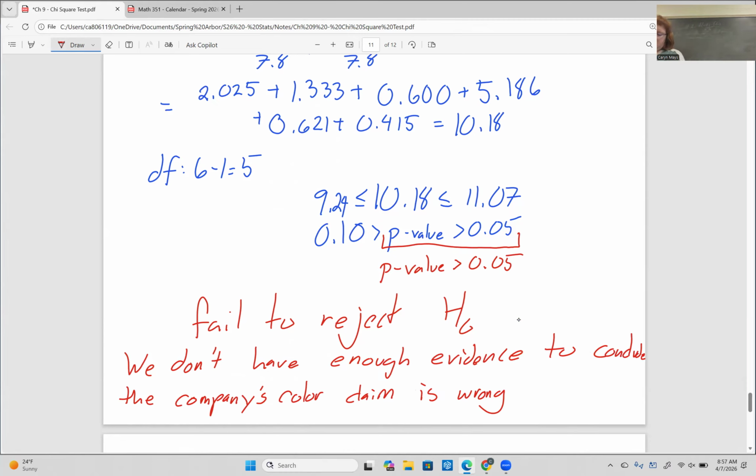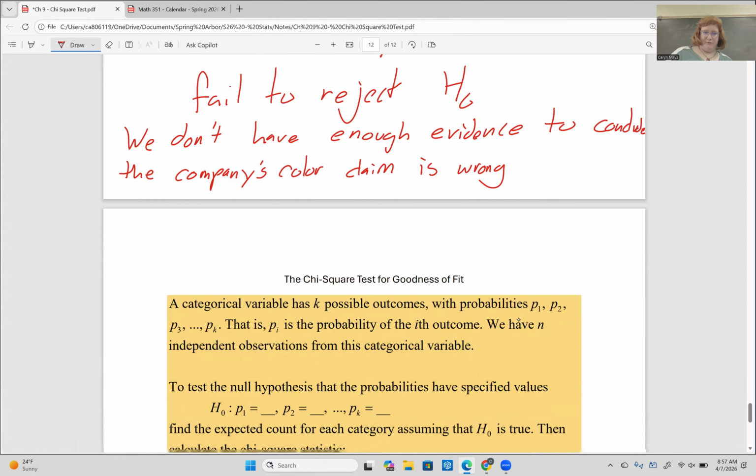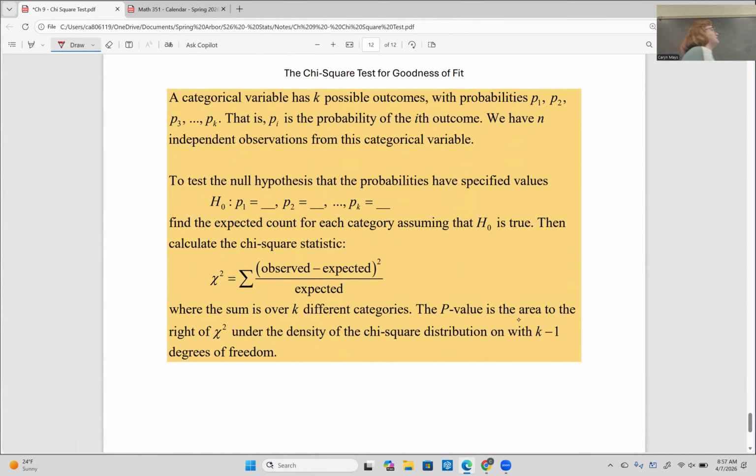So the last page, I'll scroll down, talk about that a little bit. The last page is that big, just overarching what we do with the goodness of fit. But we've walked through that whole process. A categorical variable that has k possible outcomes with different proportions for each of our outcomes. We can test the null hypothesis that P1, P2, all the way through Pk are certain proportions.